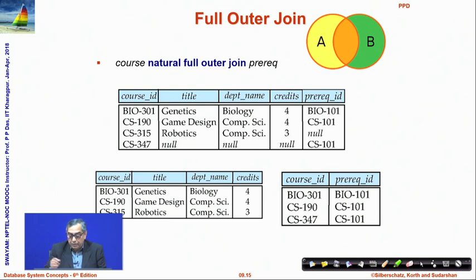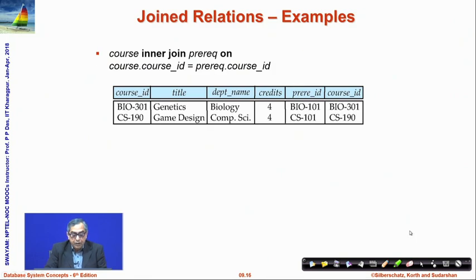outer join are possible. You can also specify a join by explicitly saying what attribute we want to join on, and if you specify that, then you are saying it is a course inner join prereq, this part was the same. Then you are putting an on clause, in which you will have to provide a predicate, that is which field should equate or match with what field.